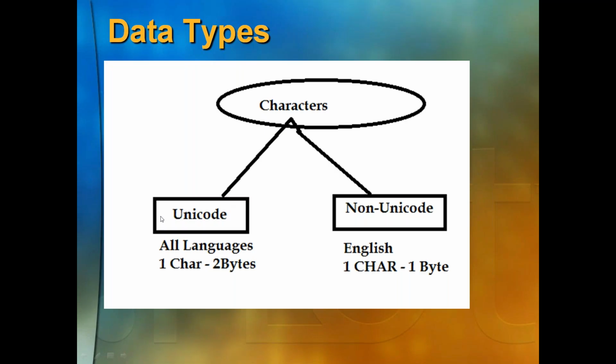But the only minus point here is that one character will take 2 bytes of space. So that is the minus point. But even though that is a minus point, people are not worried about space today, right? 1 terabyte of hard disk may cost $50 or maximum $100, right?